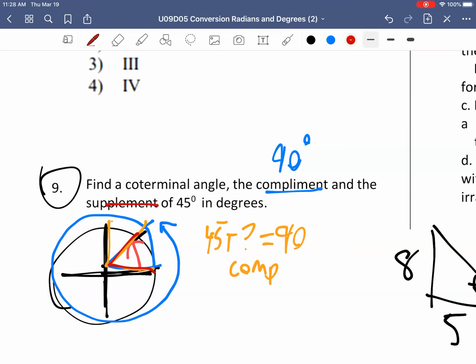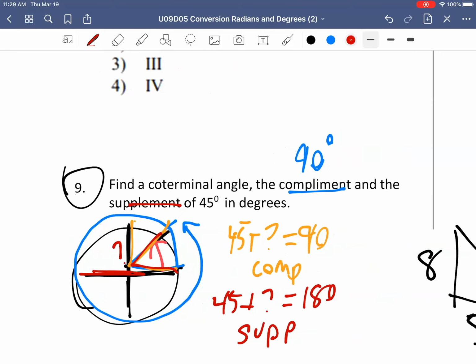So again, if this is 45 degrees, I want to get to 180. What is the missing value to complete that? So 45 plus something has to equal 180 degrees for the supplement. And once again, the coterminal, since I didn't write it down, is just rotating an additional full 360. So in this case, it'd just be 45 plus 360.